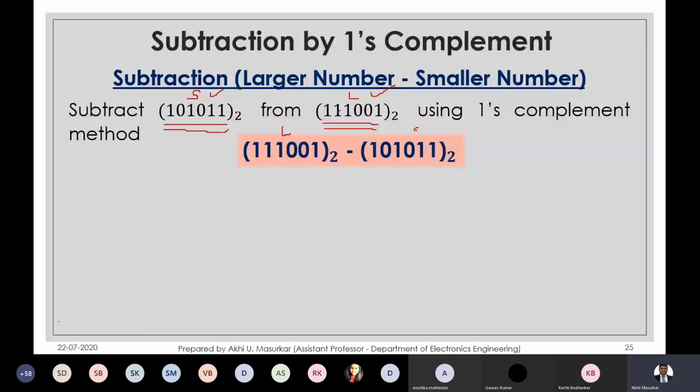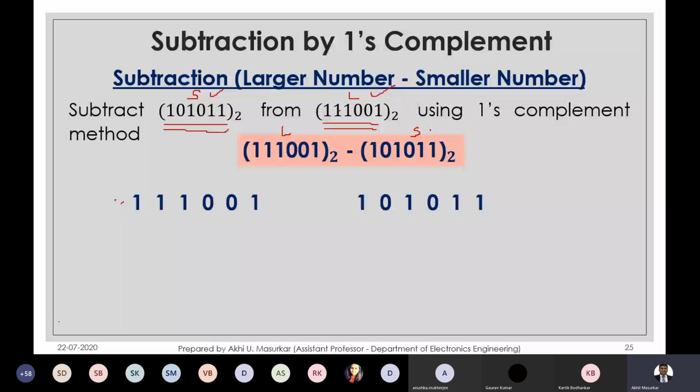Now let's take these numbers one by one. This is my first number, that is the larger number, and this is my smaller number. Now, if you clearly read step number one, what have we written? Take complement of the smaller number.